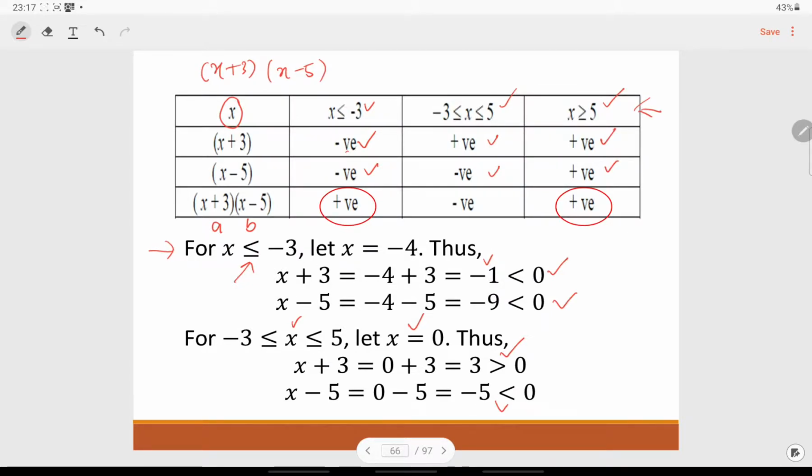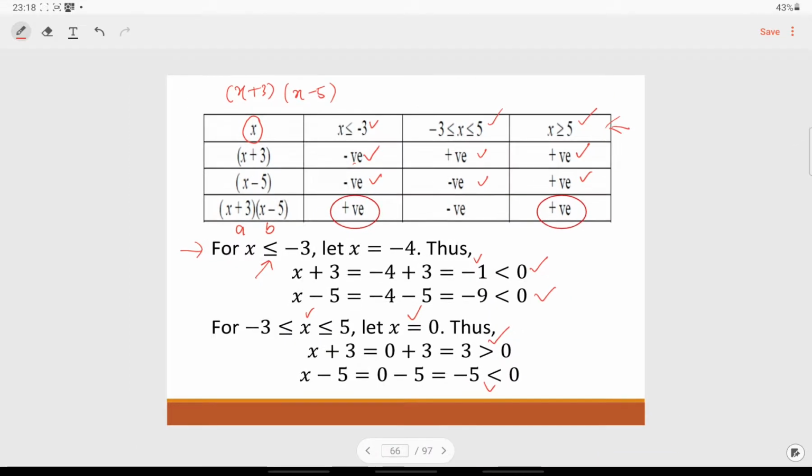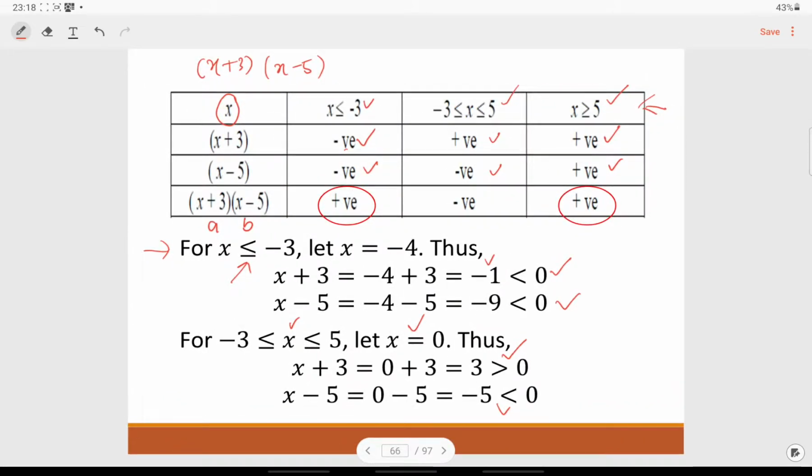Now we have an almost complete table. So now we just need to consider the multiplication. The multiplication of negative and negative comes out with a positive value. Positive multiplied by negative is negative. Positive times positive is positive.